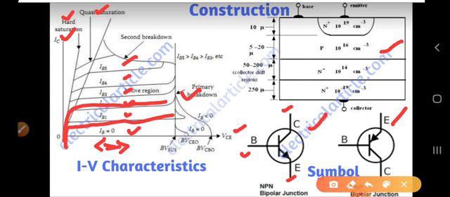This is how you increase the base current of your power BJT, and the curves look like this. You can see IB5, IB4, IB3 getting greater and greater.